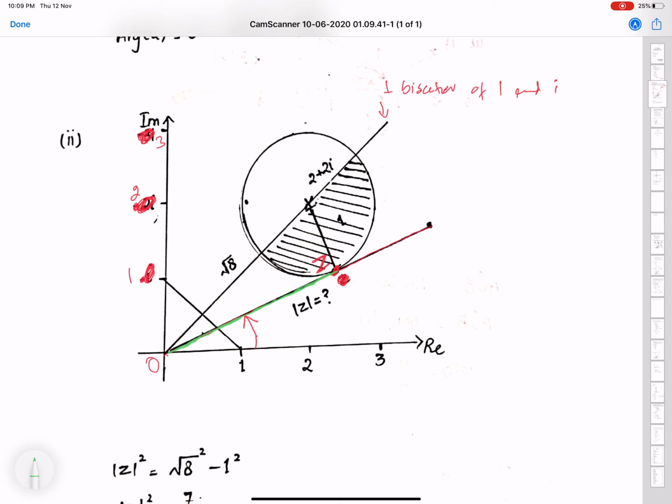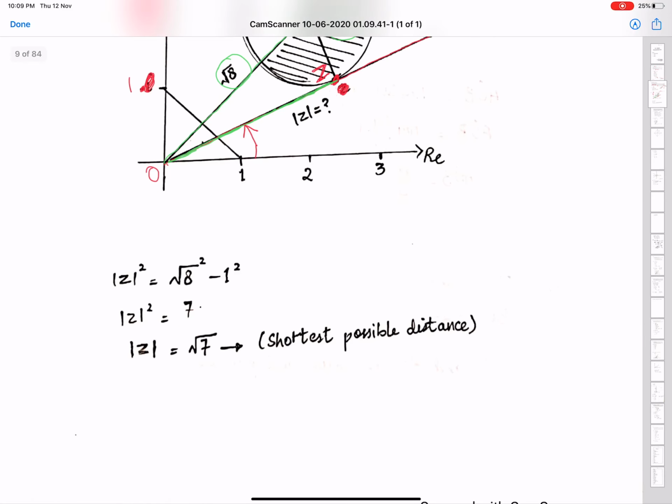Since the distance from origin to center is root 8, and this is the radius, therefore this is a right angle triangle. So we can easily use Pythagoras in this triangle to get this distance. Now this is not the shortest possible distance, this is wrong.